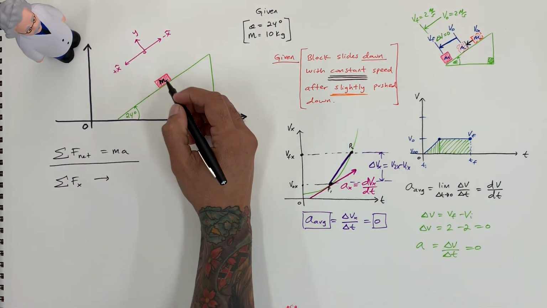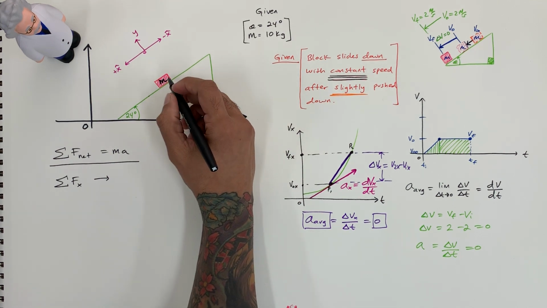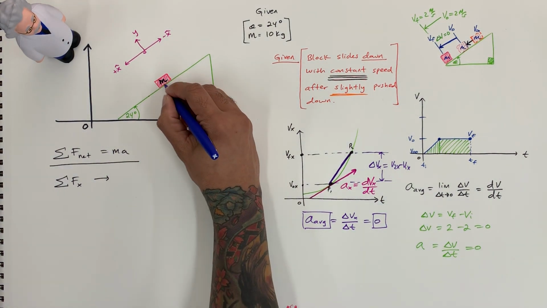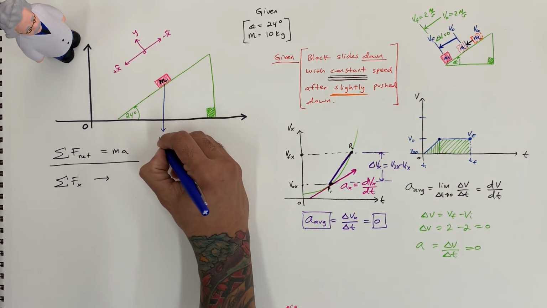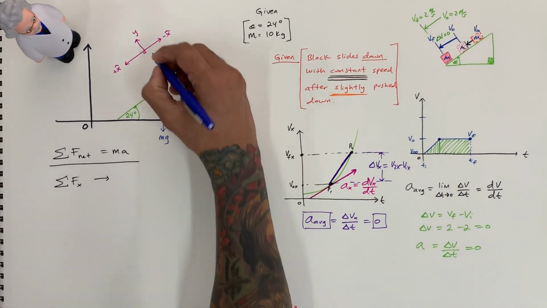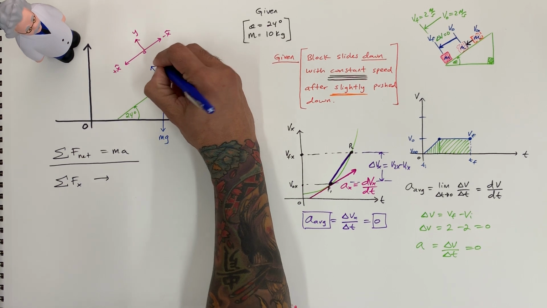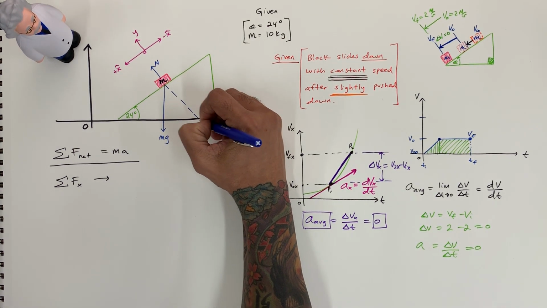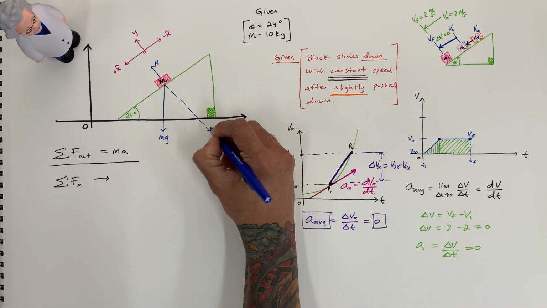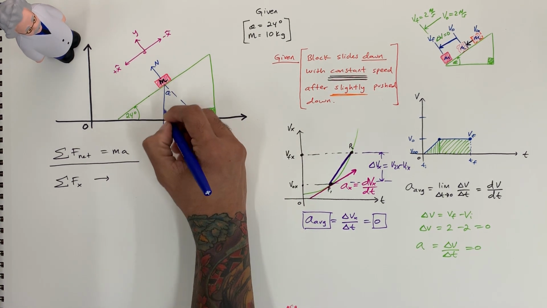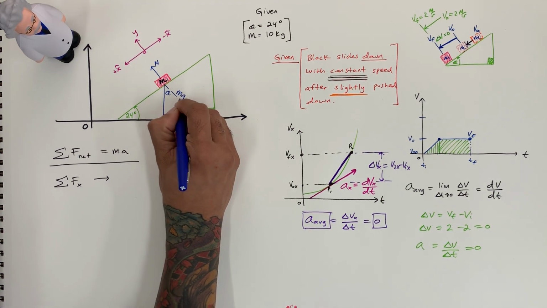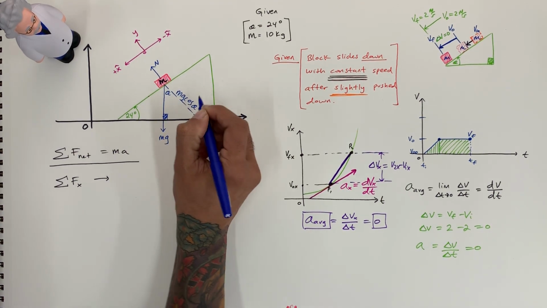Let's establish a free body diagram onto the mass. So down goes the gravity vector. We got the normal force, which is perpendicular to the box, and we're going to draw a dashed line going down where we have this triangle, and so we have mg cosine theta.